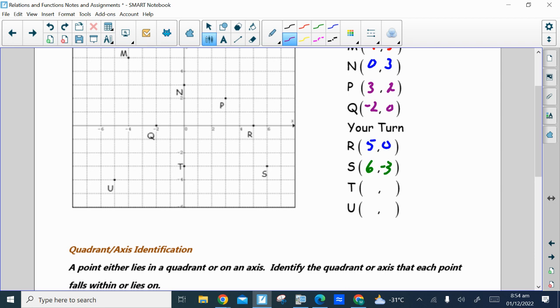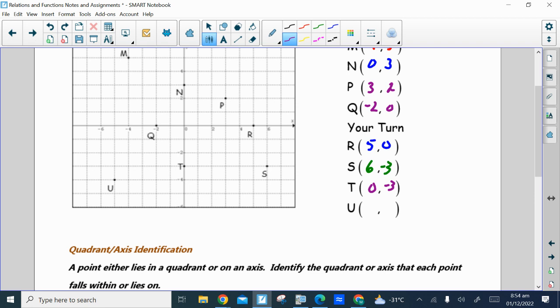Point T. Where's that, Wayne? Is that right, Alicia? Good. It's at the same height as point S. And because of that, the y values are the same.